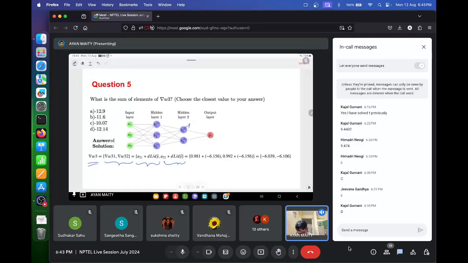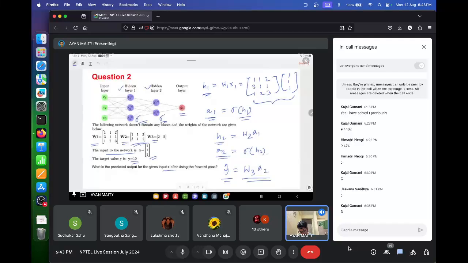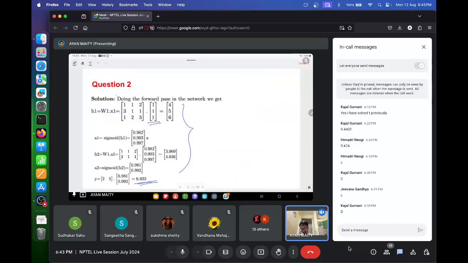So activation of this is A21, activation of this is A22. And these activation values we have computed previously in this question here. To compute the output for this input X, we had to compute all the activation values of the hidden layers. So there we had already computed A2.